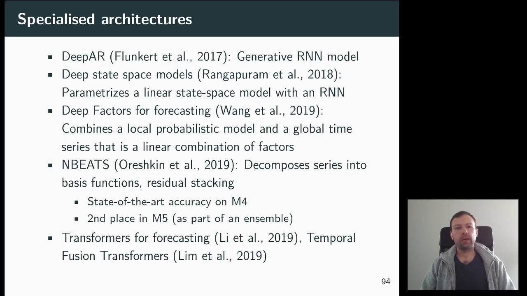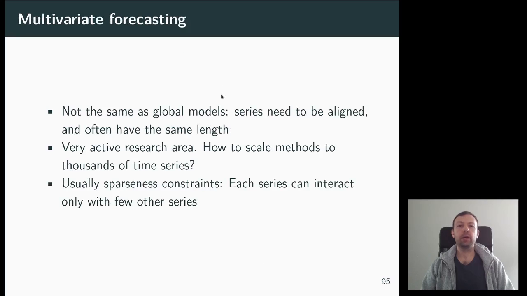So yeah, a good architecture to definitely look at. And now recently people have started to use transformers for forecasting. There was the temporal fusion transformer in 2019. So there's a lot of very interesting work in this deep learning field.